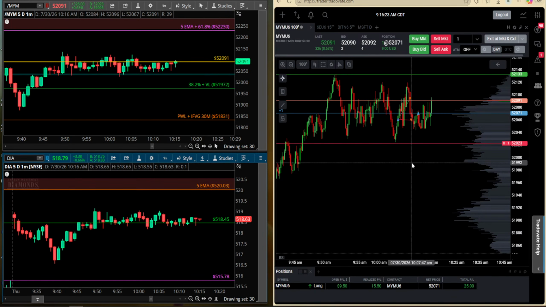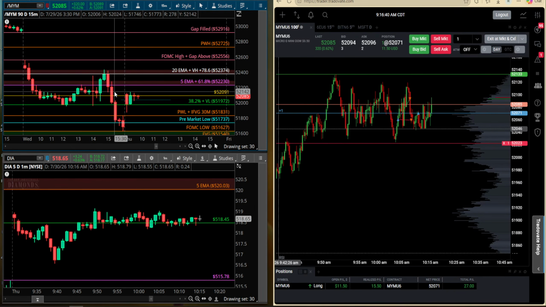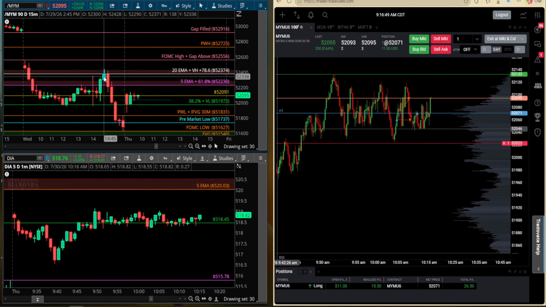I actually wanted to pull the 15 minutes candle time frame and see what really happened yesterday. Okay, very interesting. There is a big imbalance here from yesterday's move, from the 20 EMA rejection after the FOMC release and just after the FOMC press meeting.